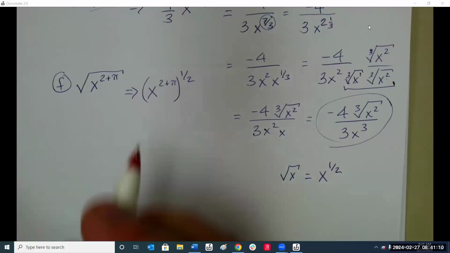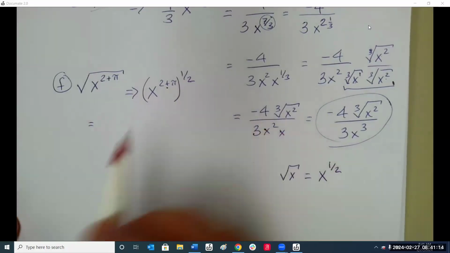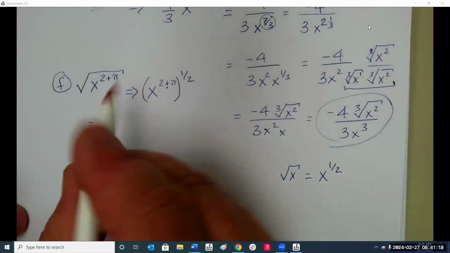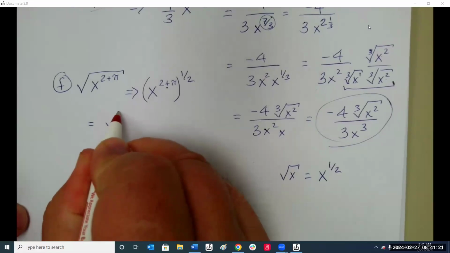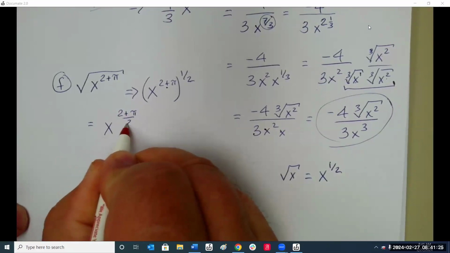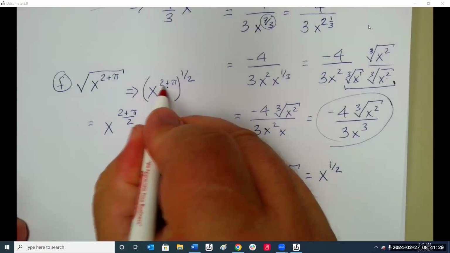What are the rules of exponents? What do you do when you have a power to a power? Multiply. Because this is over 1.